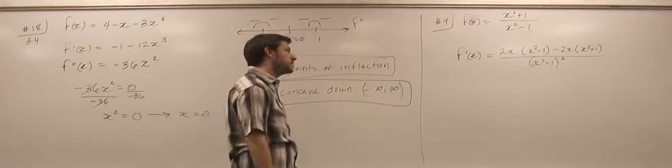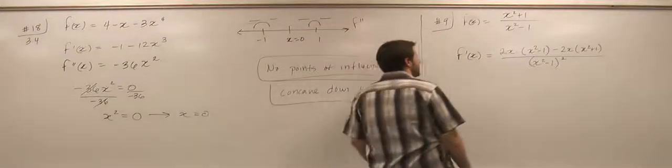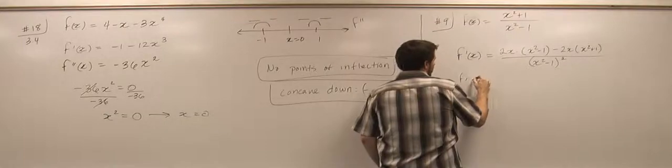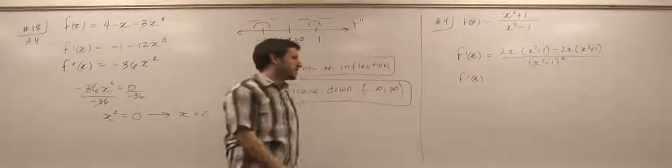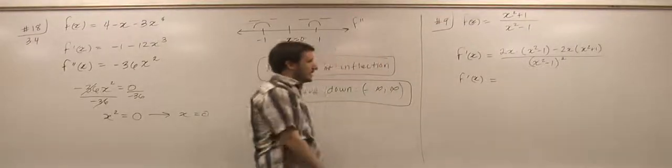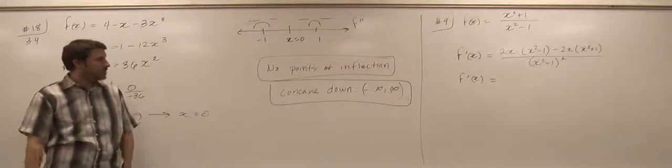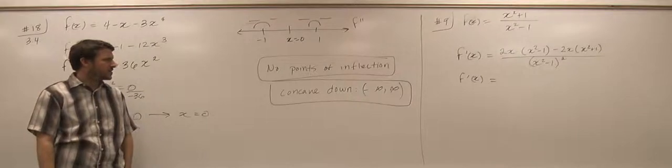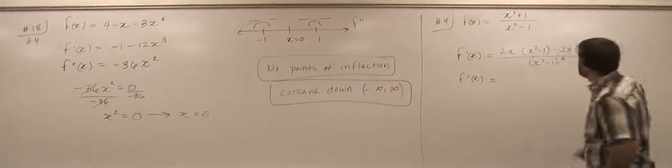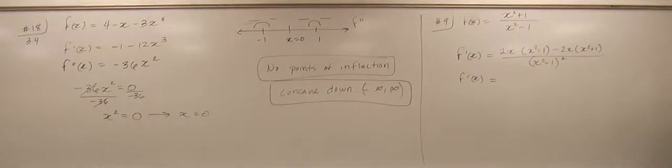I would definitely try to simplify this before I went on, just because it'll make your life a lot easier on the next derivative if you can clean this up a little. For example, on top, what might I be able to do? You can factor out the 2x, and then eventually you'll get some cancellation inside.